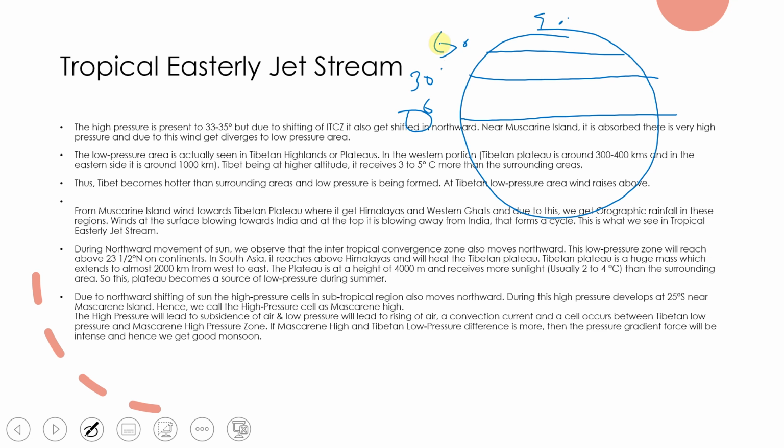Similarly here we have 30, here we have 60, and here we have 90. Now your ITCZ is shifting. In the normal condition, this is your low pressure, this is your high pressure, this is your low pressure, this is your high pressure. Now your sun rays are shifting, and your ITCZ is shifting here.